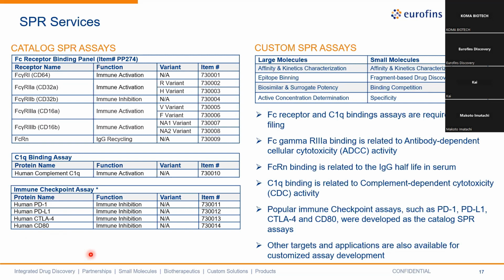Sometimes they want to try different kinds of binding target proteins. Some want to try kinase, some want to try GPCR, some want to try dehydrogenase, different kinds of proteins.